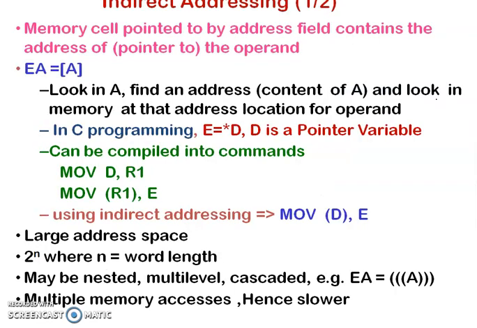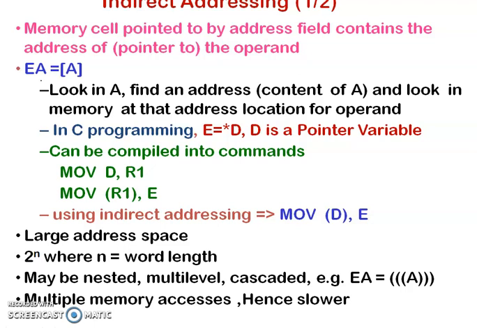Next is indirect addressing. The memory cell will be pointing to some address field which contains the address of the operand. So inside the instruction you will be having a location where the address of the actual value is being stored.